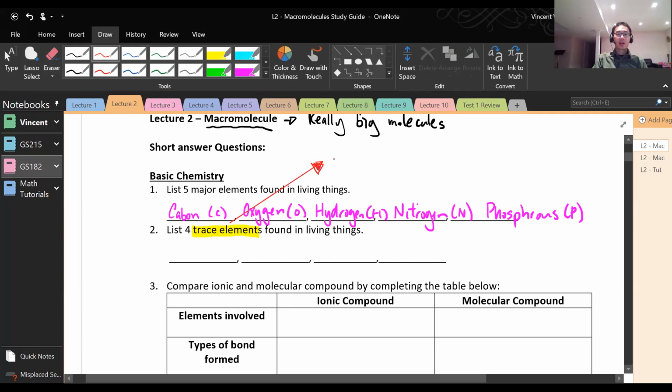So trace elements are elements that are required in small quantity. And it's actually true as well that we cannot make it ourselves, so we would be consuming it from our diet. Sorry, I spelled quantity wrong.